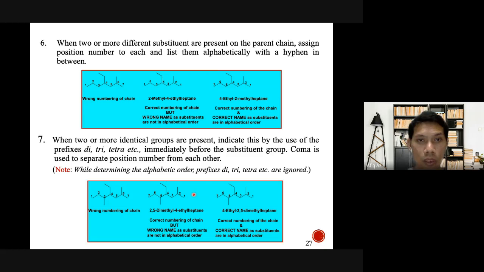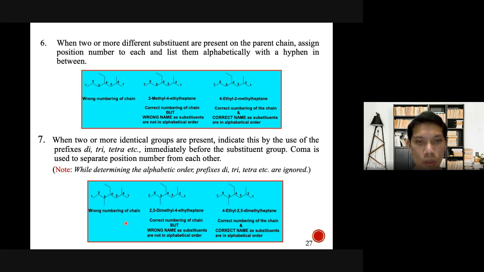And then rule number 7, if the substituents are more than one and identical, the prefixes such as di, tri, and tetra have to be used. Let's say there are more than one methyl group present, so you have to write it as dimethyl for 2, tri for 3, tetra for 4.